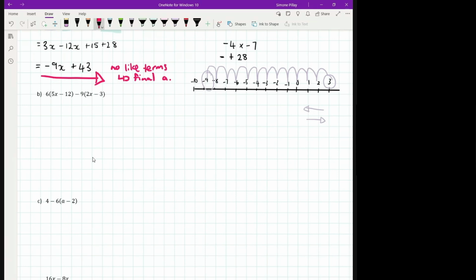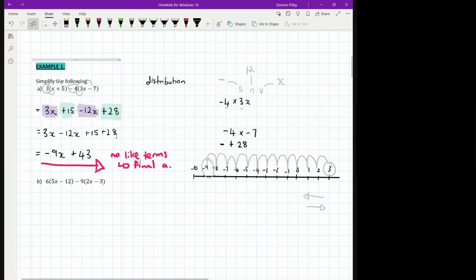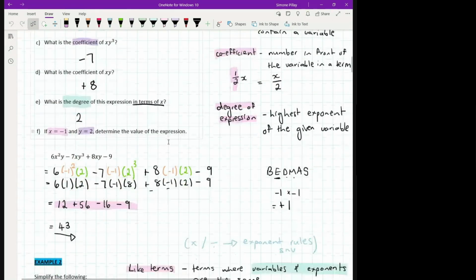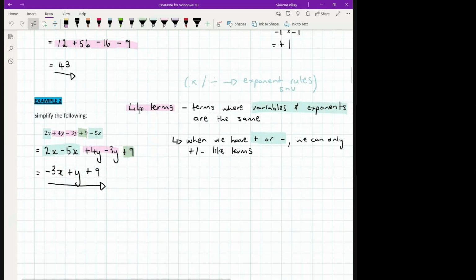No, because remember, we can only add and subtract like terms. If I go back to Tuesday's lesson, what did we say? When we dealt with like terms, these are terms where the variables and the exponents are the same. And so when we add or subtract, we can only add or subtract like terms. This is what we had said on Tuesday.